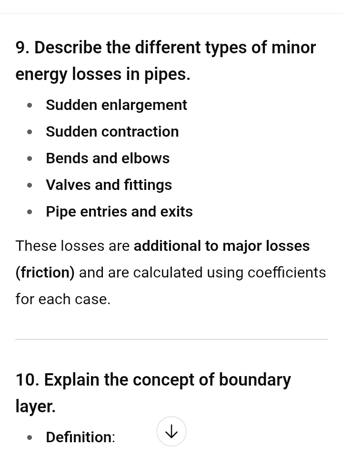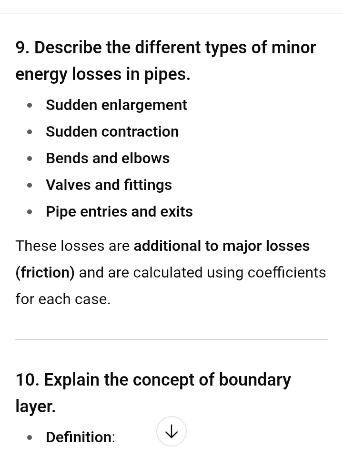Types of losses: minor losses and major losses. Some minor losses in pipes: sudden enlargement, sudden contraction, bends and elbows, valves and fittings, pipe entries and exits. These are important minor energy losses in pipes.